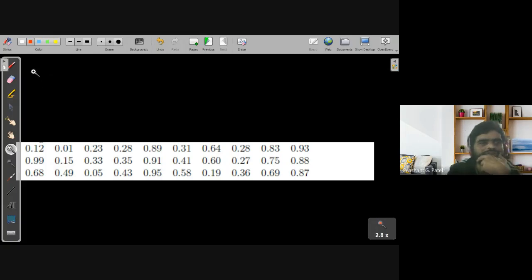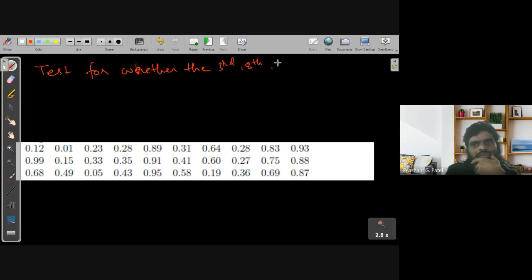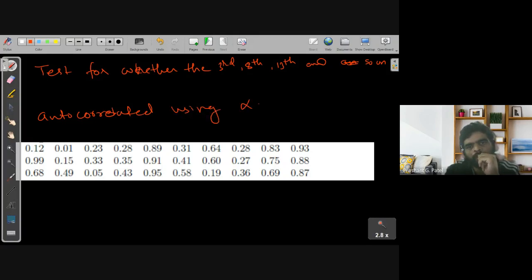So the question is: test whether the 3rd, 8th, 13th, and so on numbers from below are autocorrelated or not, using alpha equal to 0.05. So your alpha is this.